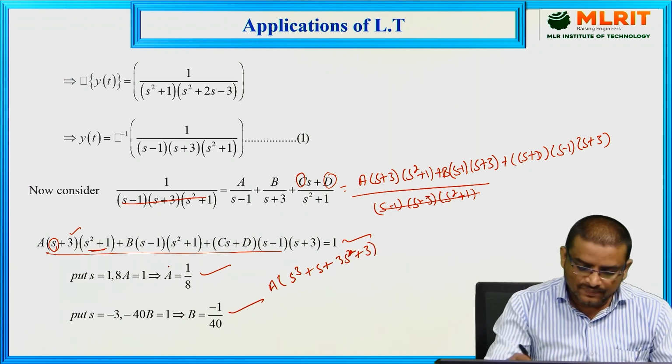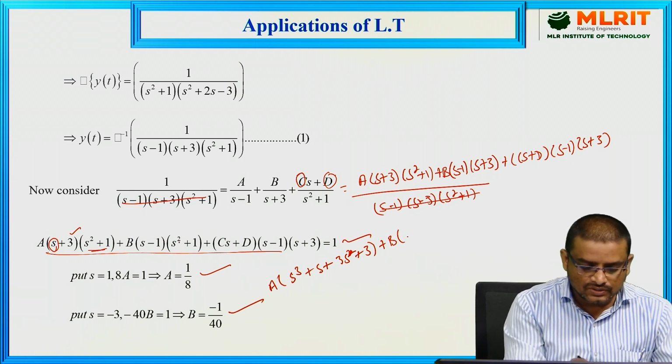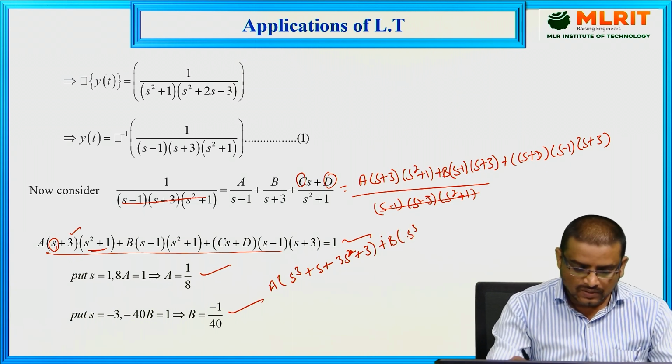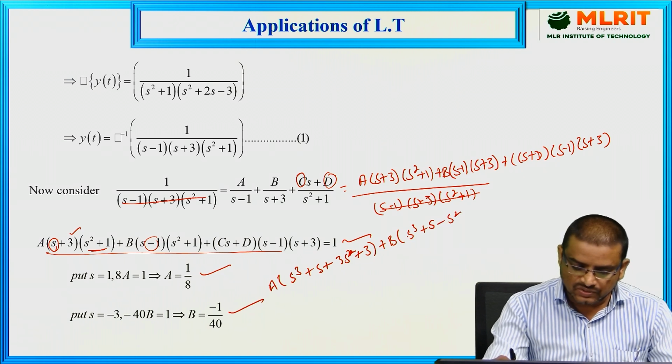Similarly you multiply the coefficient of B. s into s square, you will get s cube, plus s into 1, you will get s, multiply minus 1 into s square, you will get minus s square, minus 1 plus 1, you will get minus 1.